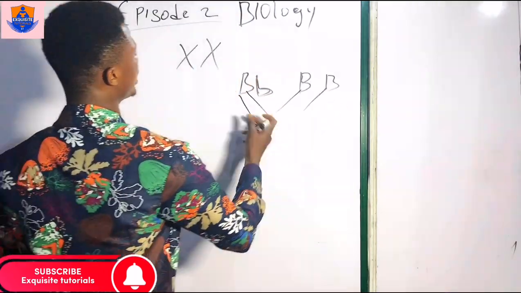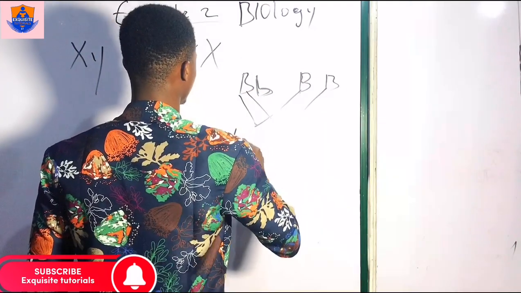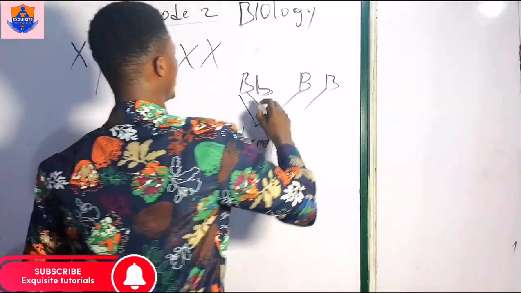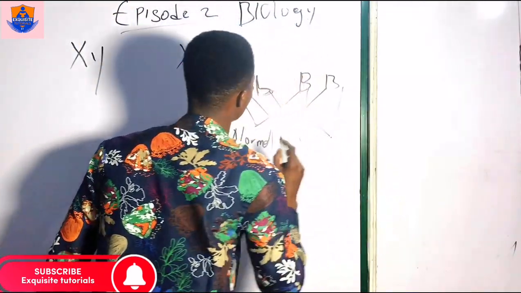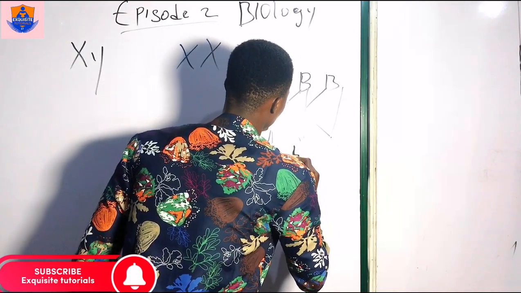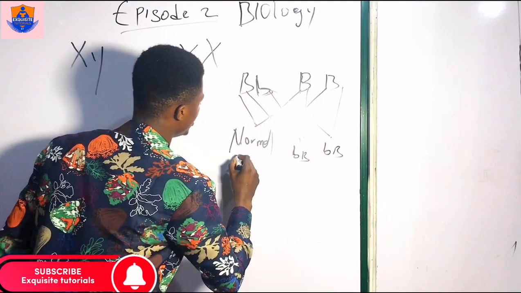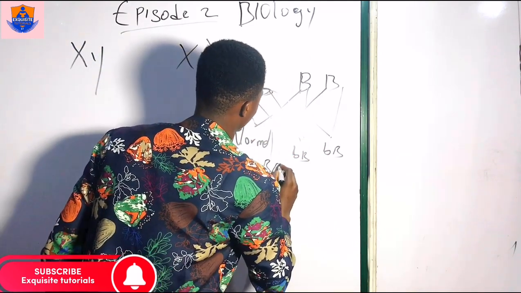Now these two indicate that this is for normal children. Then the small b and the capital B will produce capital B, small b, capital B, small b.